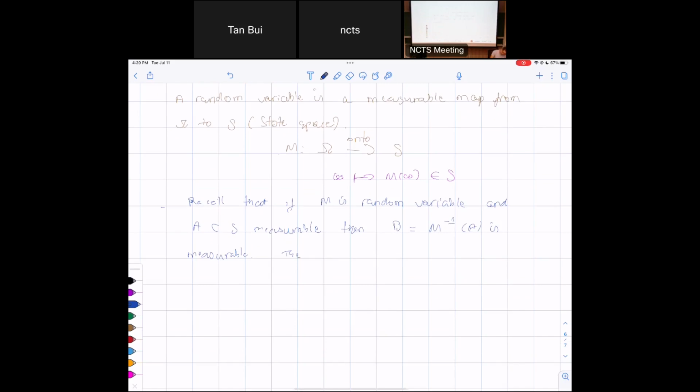The question is, if we assign a probability to A, namely P of A, what is the probability of B?